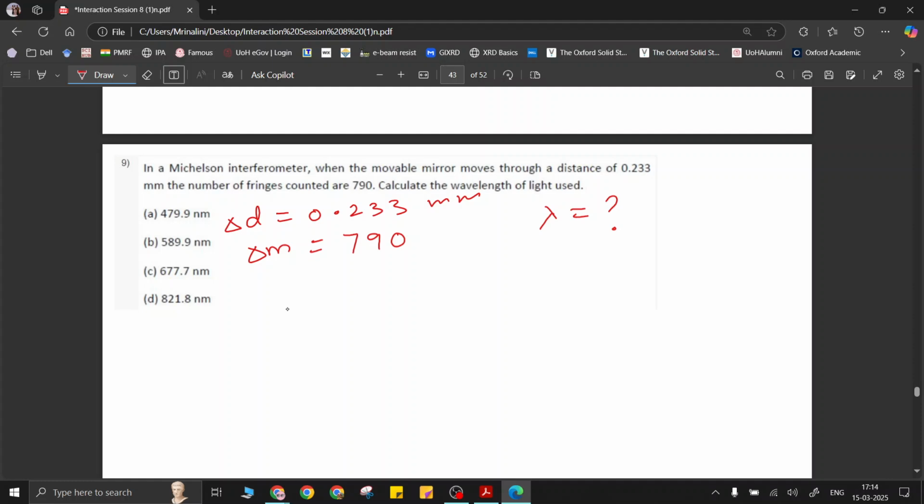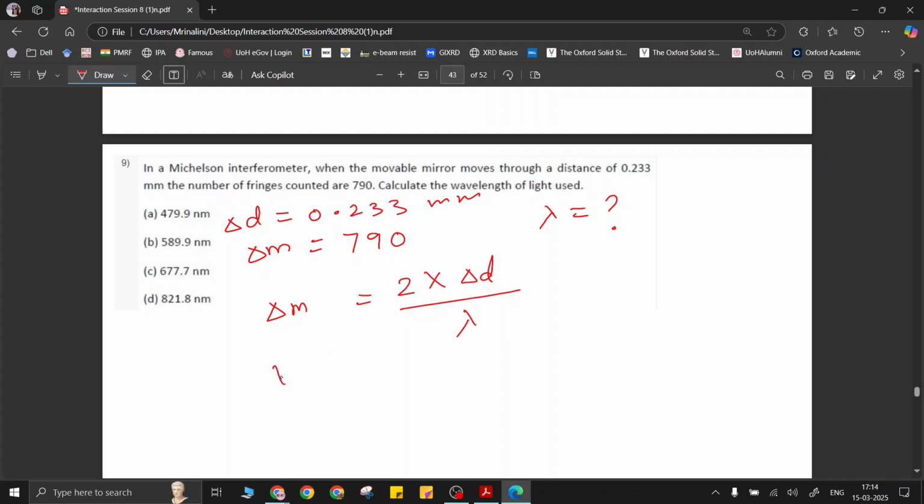So in the formula that we had derived, we had seen this. Then when we move or shift one of the arm, the number of fringe shift is given by 2 multiplied by the distance by which we have moved one of the mirror divided by lambda.